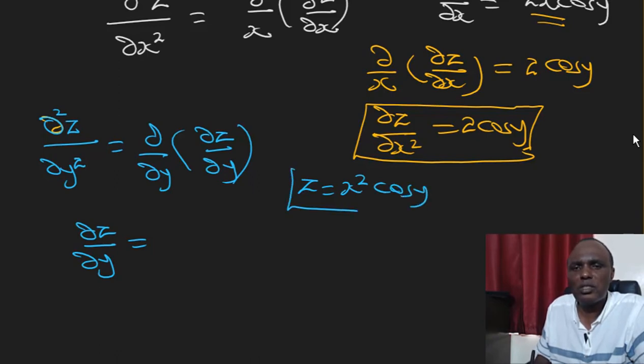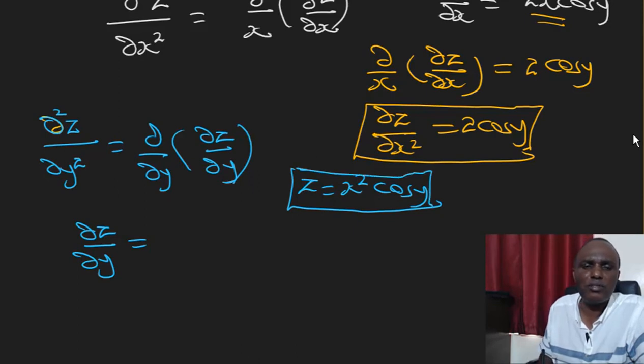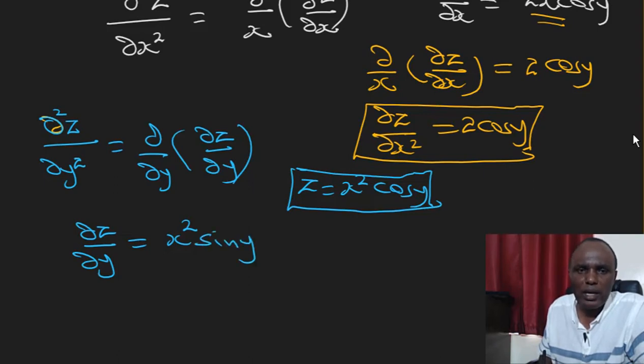In this case we are supposed to keep x constant, therefore it remains as x squared. Then we differentiate cos y, because y is now the variable we are differentiating. We get negative sine y. So we put the negative at the end there.